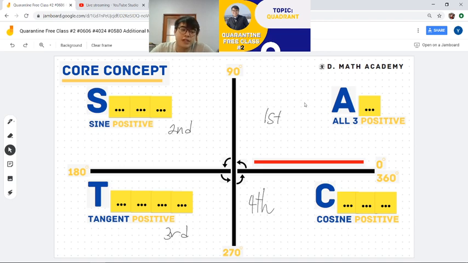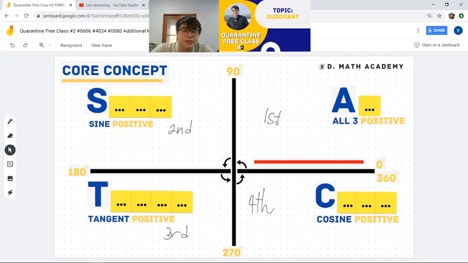So I believe that you are familiar with sine, cosine, tangent. You are year 10 and year 11 already. However, this part here works slightly different from what you learned. It doesn't revolve around the opposite, adjacent, and also hypotenuse. So you're gonna memorize this.